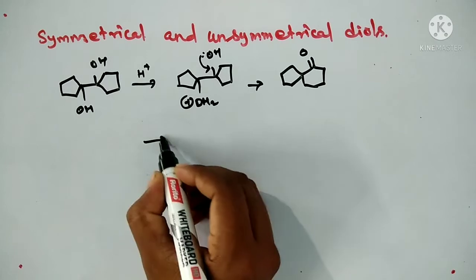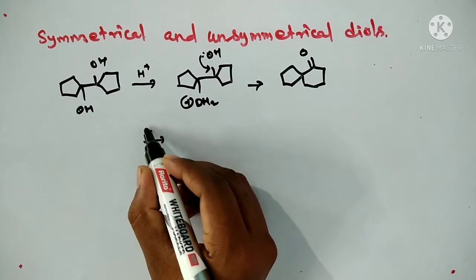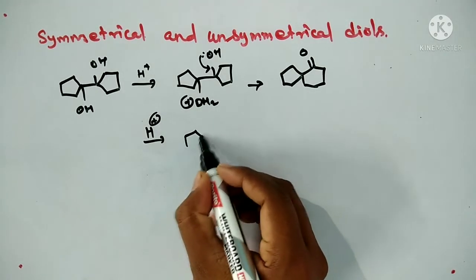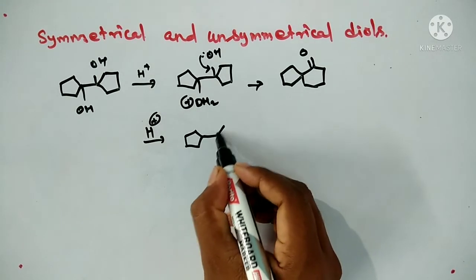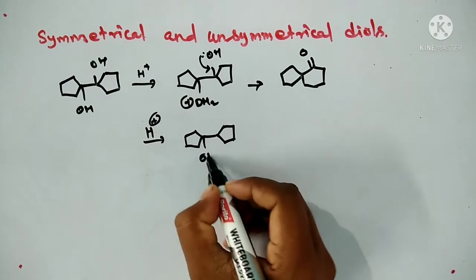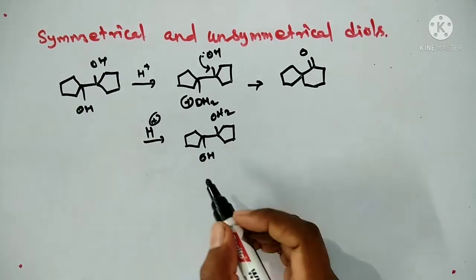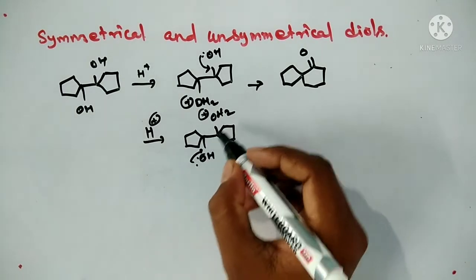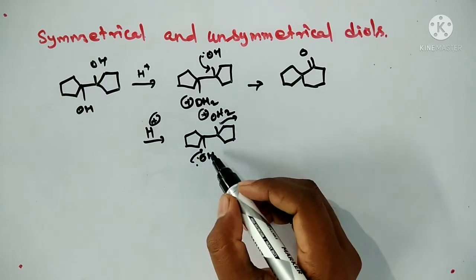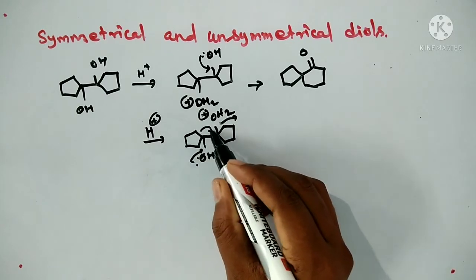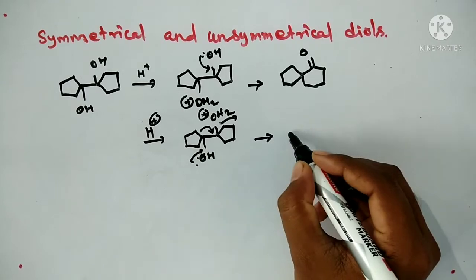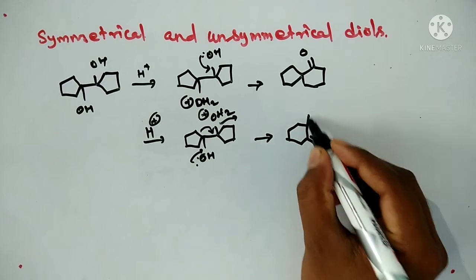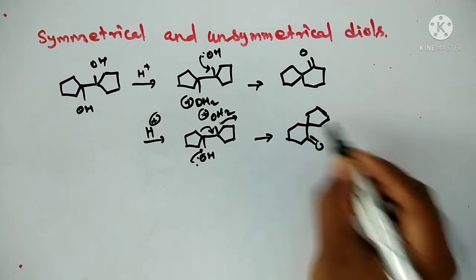At the same time, if you take this other hydroxyl group, this comes here, with water elimination, and this bond comes here. So you get a 6-membered and a 5-membered ring.